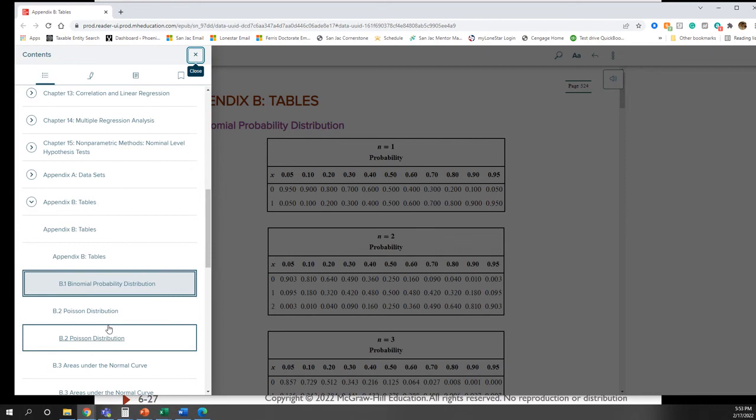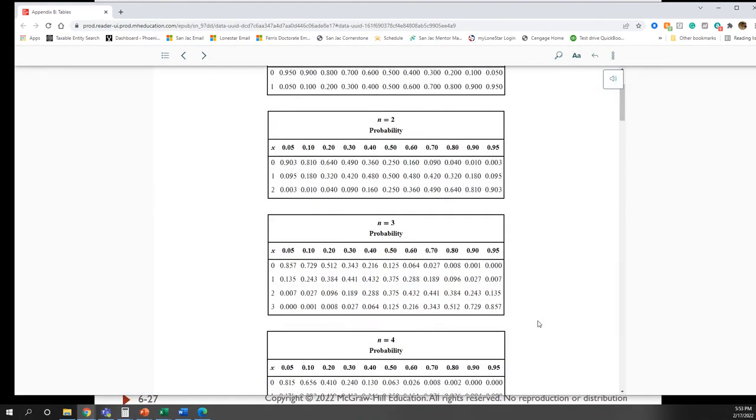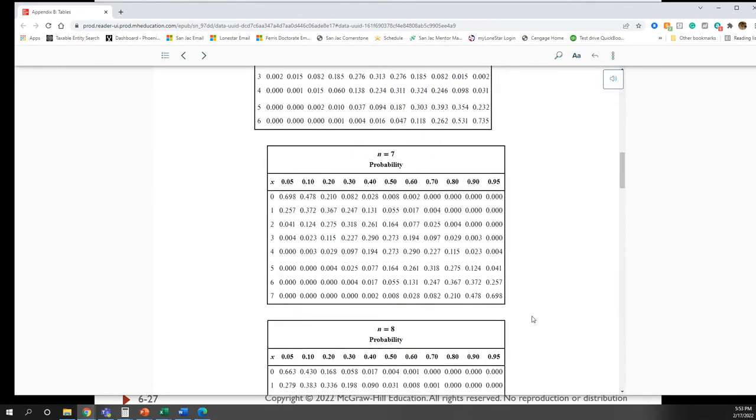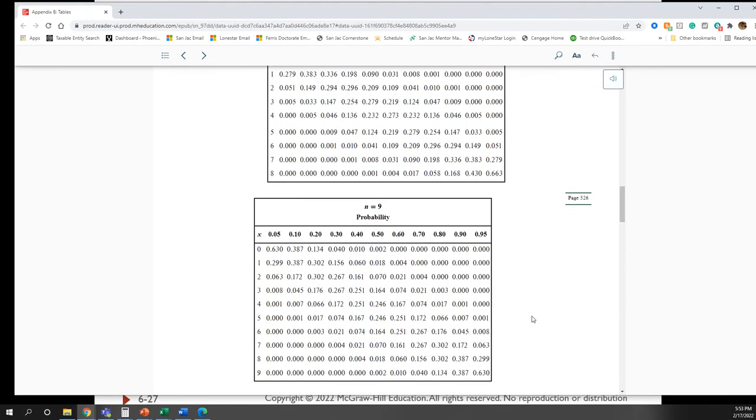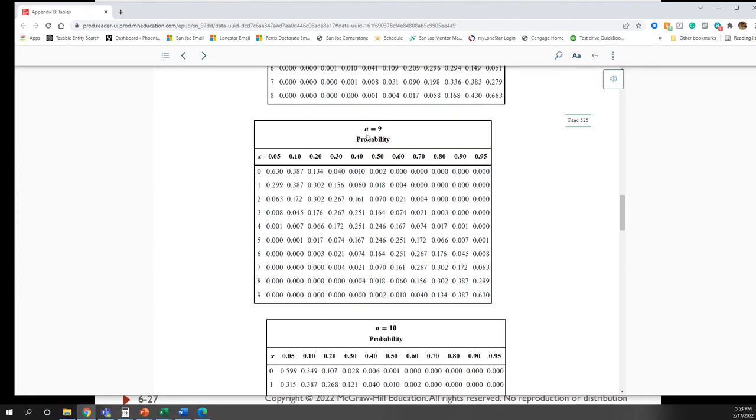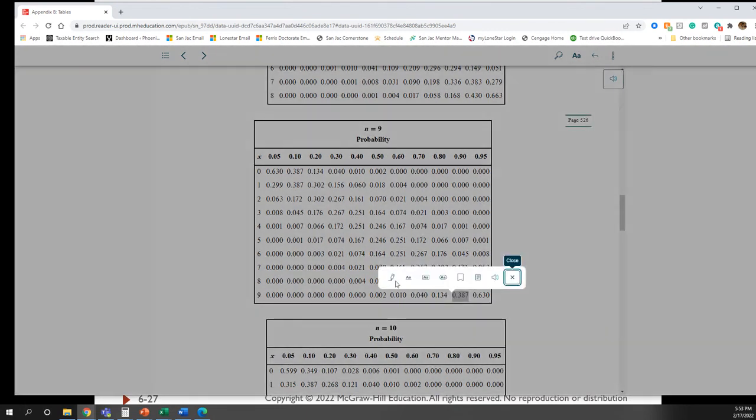Notice we also got Poisson's distribution also right here. This can help. So we're going to look for n equals 9. There's the n equals 9. And 90%. So if we're going to look for all 9, so taking 90%, going to 9, our answer is going to be 0.387.